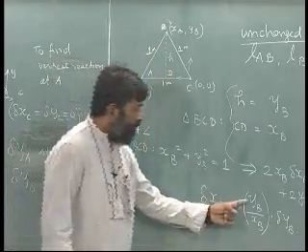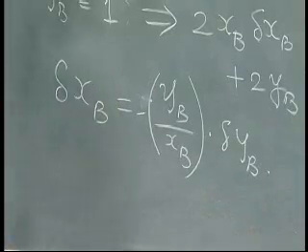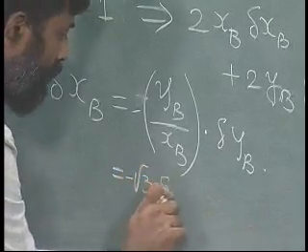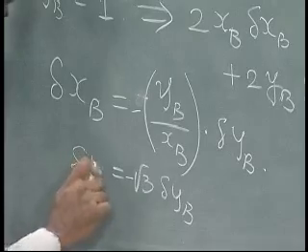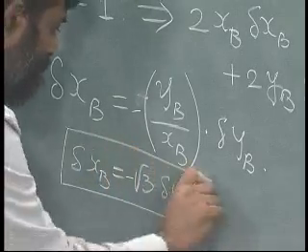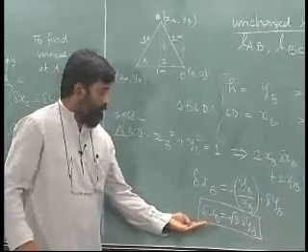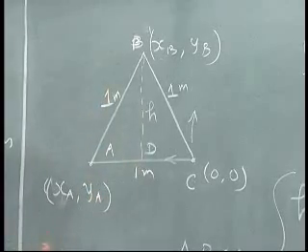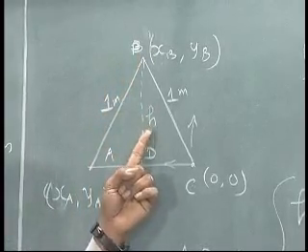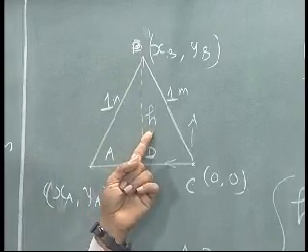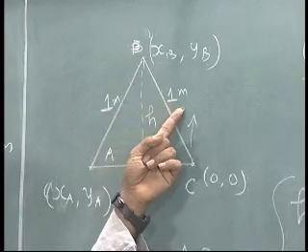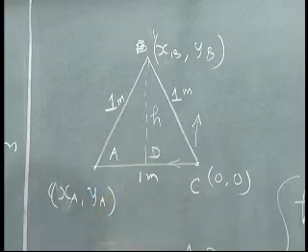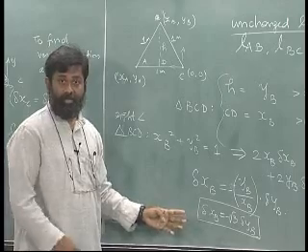So I can use this over here directly, and I get minus root 3 times delta yb. This means if I start from a configuration where the height is root 3 by 2 times the hypotenuse, and the base is half of 1 meter, then this is the relationship I get. Please remember that very clearly.